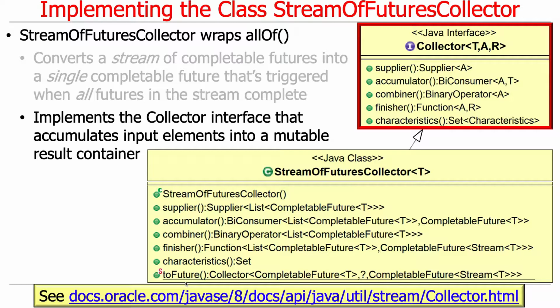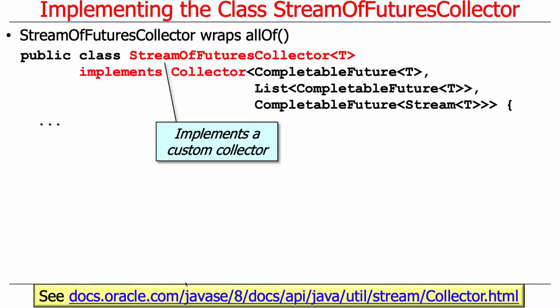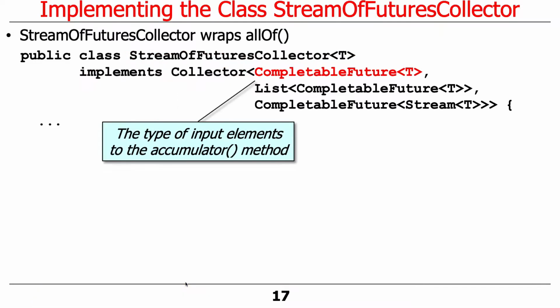Stream-of-futures collector implements the Collector interface, and that, of course, accumulates everything into a mutable result container. So it's a nice, very powerful wrapper for what would otherwise be really complicated code. This should look familiar to you. It's just got one slight deviation from what we had seen before. Stream-of-futures collector implements Collector, so it's a custom collector.